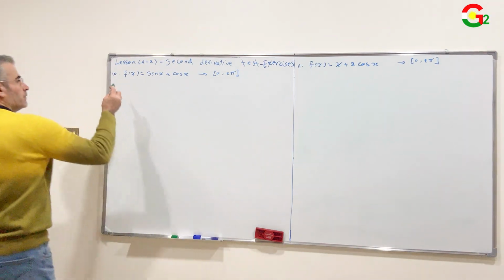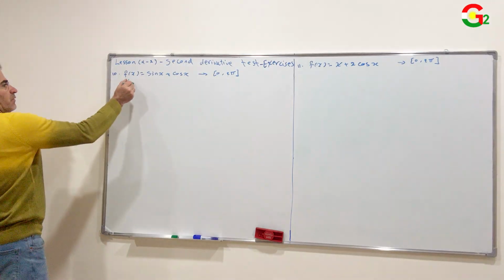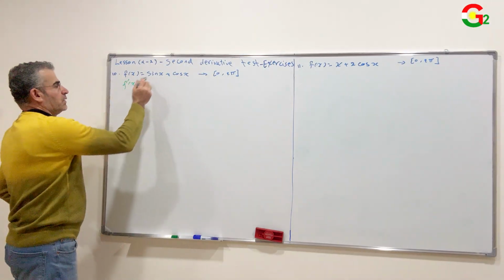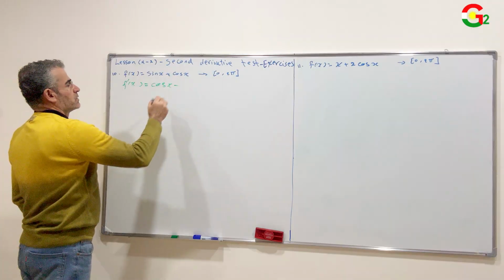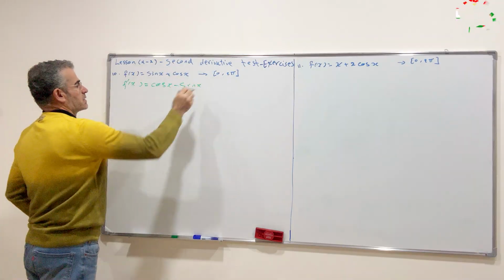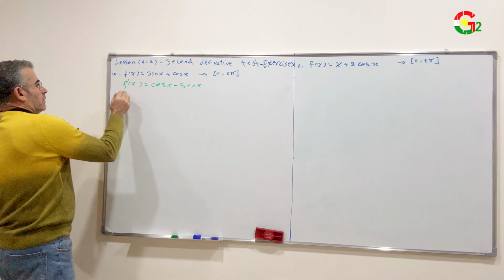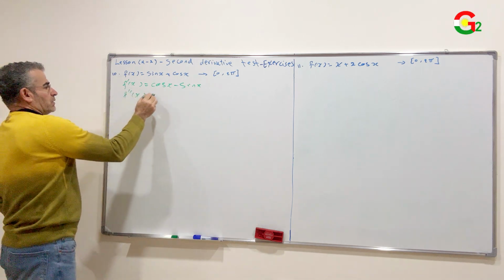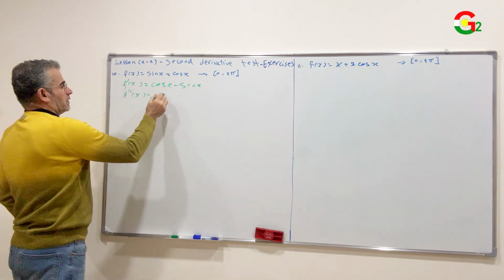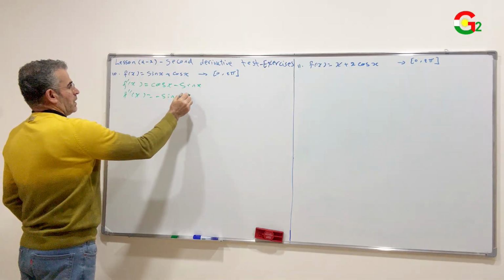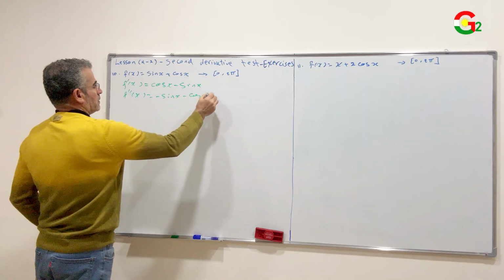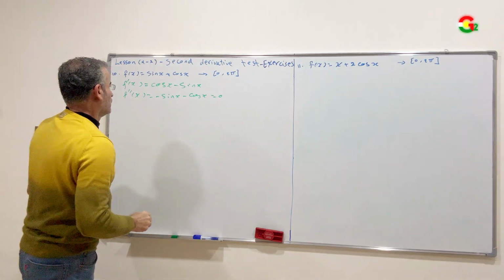Question number 10. F prime of x equal to the derivative of sine x, which is cosine x, and the derivative of cosine x is negative sine x. The second derivative of this function equal to negative sine x minus cosine x, set it equal to 0.